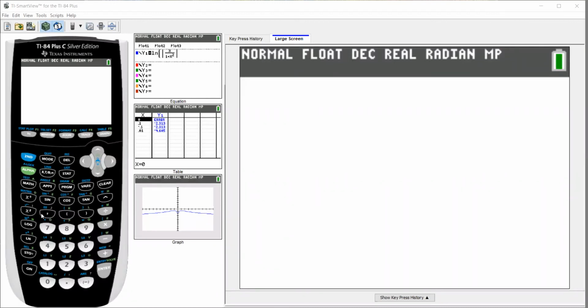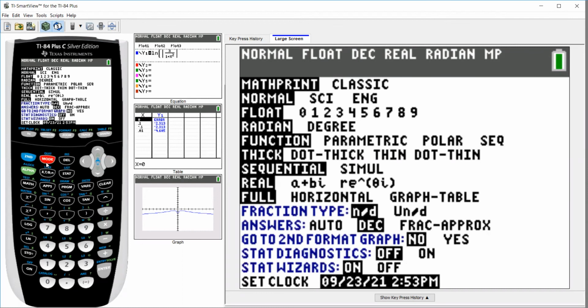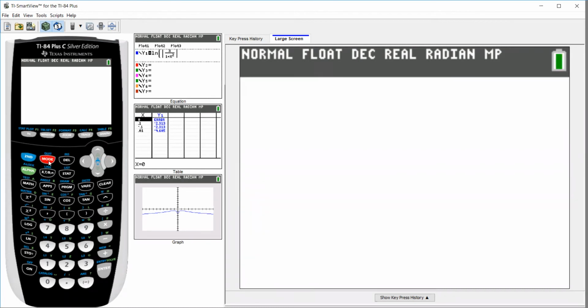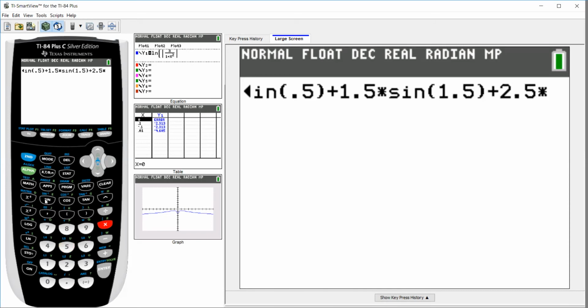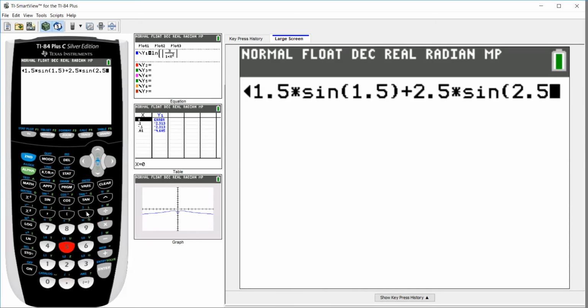All of them being multiplied by 1, so I'm not going to bother with that. 0.5, I gotta check radians. 0.5 times sine of 0.5 plus 1.5 times sine of 1.5 plus 2.5 times sine of 2.5.